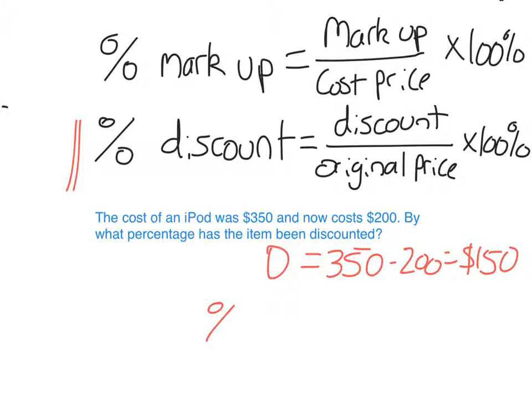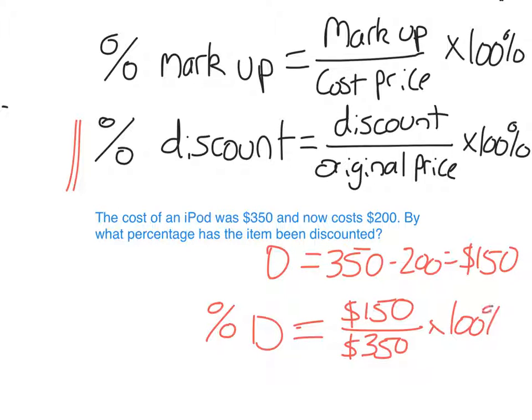So the percentage discount equals the amount of the discount over the original price, so what it cost before the discount, and then you times that by 100%. Actually, you don't need to put these dollar signs in. If you put that on your calculator, you get 42.8571. I'm just going to round it to 2 decimal places. So your answer is a percent. Therefore, the cost of the iPad has been discounted by 42.86%.